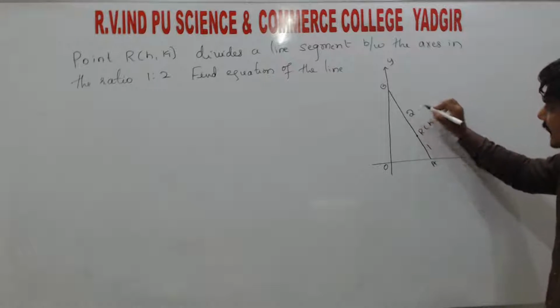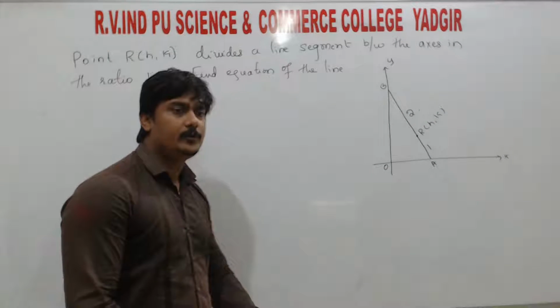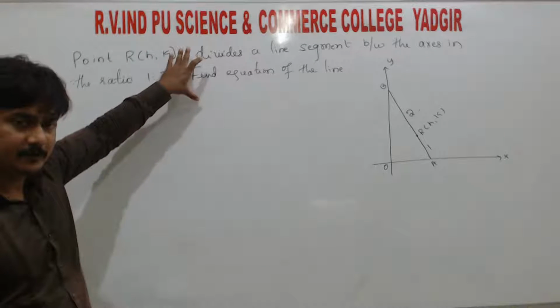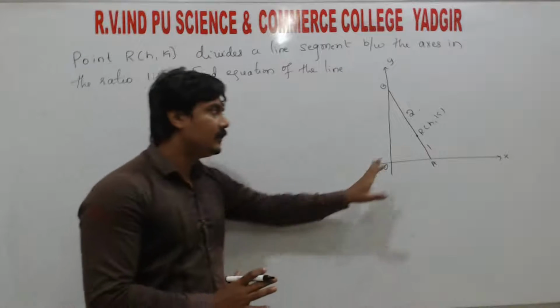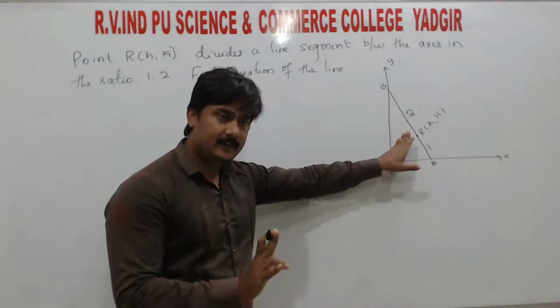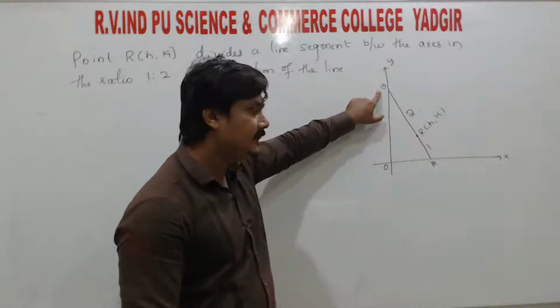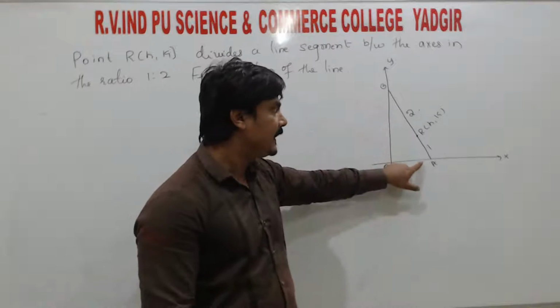It is dividing line segment AB in the ratio 1:2. So whatever data is given to us in the question, using that data, we have drawn this diagram. Is that clear?